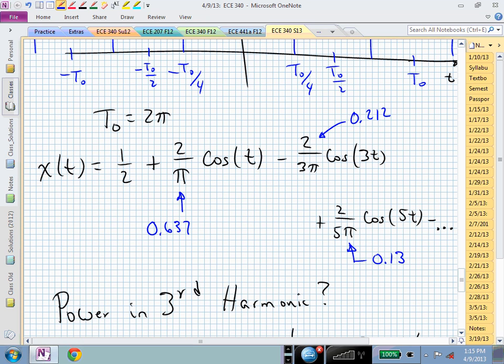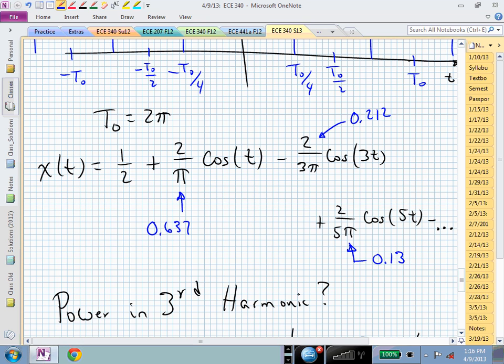But what I'm going to do now is, instead of writing this as a minus 2 over 3 pi, which was roughly minus 0.212, I'm going to say, oh, that's 0.212 with what kind of an angle? Cosine of 3t with what? Plus pi or minus pi, right?